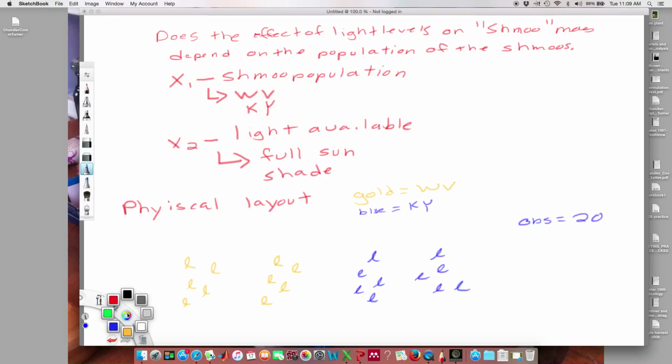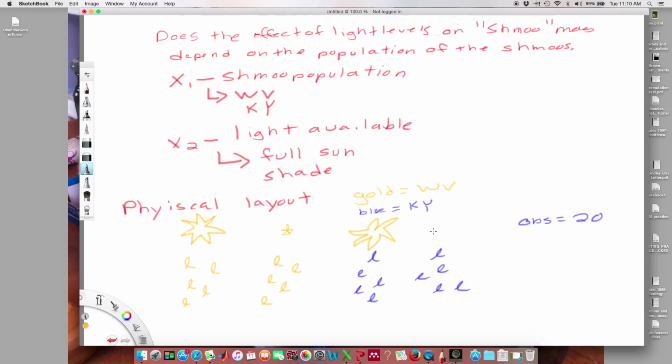So what I want to do now is look at light availability. Each one of these groups gets a different amount of light. Our West Virginia shmoos get full sun, and one group of our Kentucky shmoos gets full sun. Then the other group of our West Virginia shmoos gets shade.